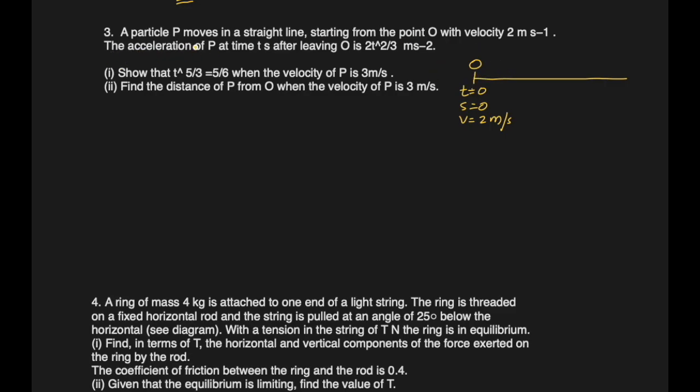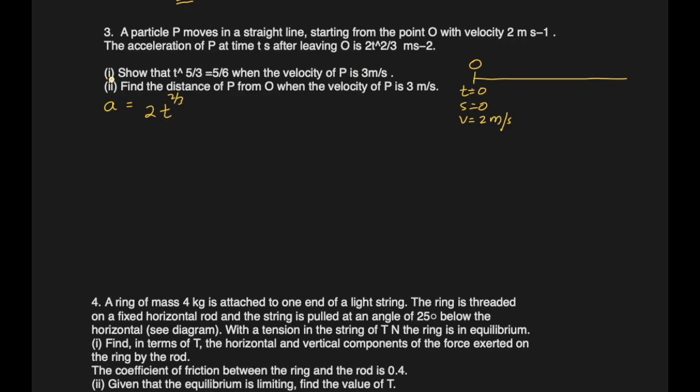The acceleration of P at time t seconds after leaving O is this. So the acceleration equation is given to us: a is equal to 2t to the power 2/3 meters per second squared.